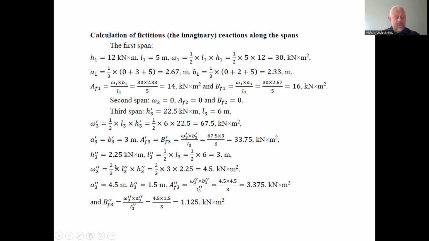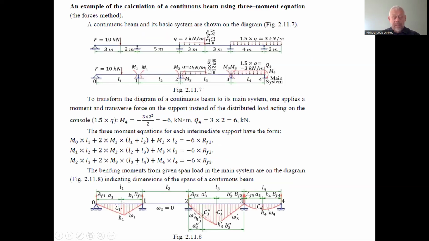It is very useful in structural mechanics that when you have to find the area of a parabolic segment of the diagram, its area usually is the product of the grade 2 divided by 3, and the size of the span and the maximal magnitude of the diagram in the center of it.